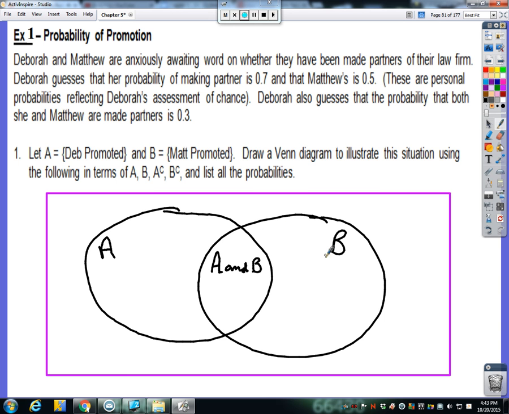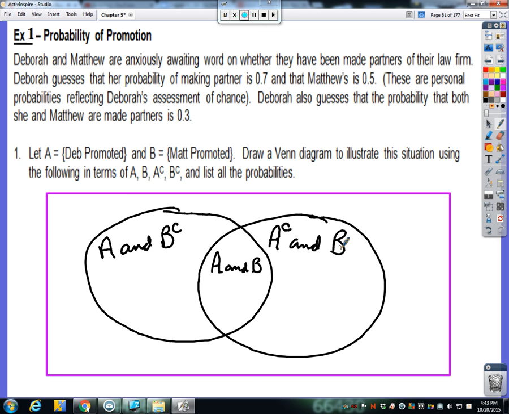Now, some extra things I can throw in here on these two parts. This is where just Deb is made partner and not Matt, right? So let's call this A and not B, B complement. And likewise over here, where Matt gets promoted but not Deb, this would be A complement and B, or we could say B and A complement.